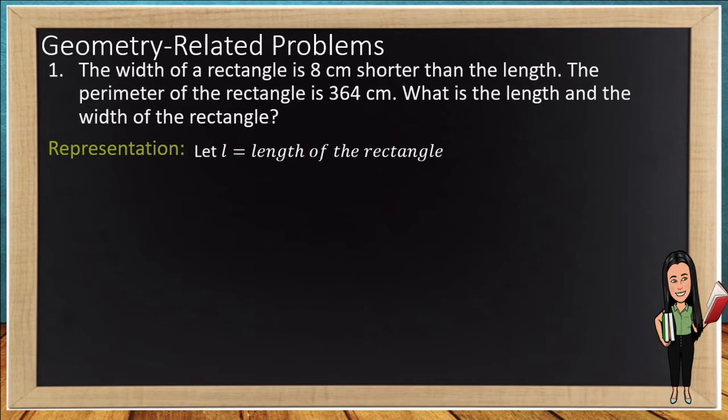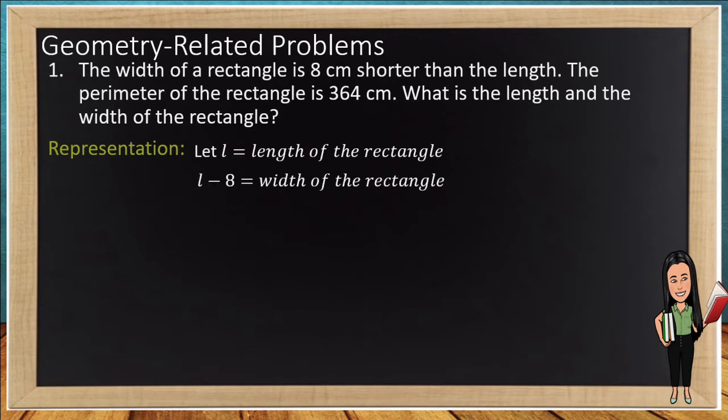And based on that, according to the question, the width is 8 cm shorter than the length. So if we have L that is equal to the length, the width will be L minus 8 because the width is 8 cm shorter than the length. So subtract lang siya. That is our width.